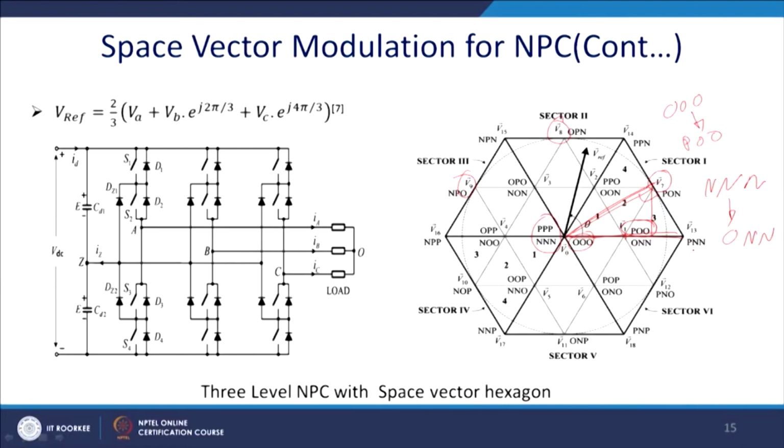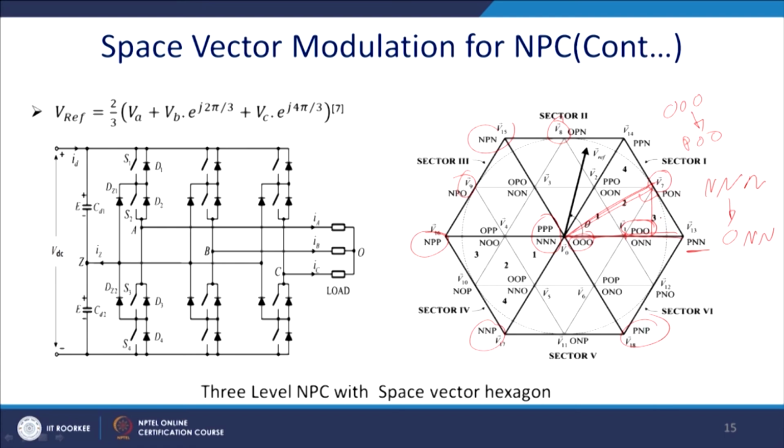If you want to generate the full voltage vector, that is essentially your PNN. Same way the negative vectors will be NPP. Similarly, it will be PPN, NPN, NNP, and PNP. So, these are the large vectors.